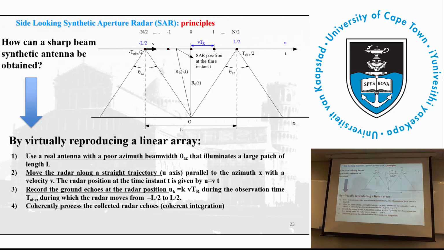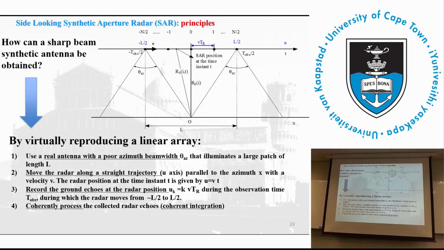This illuminates a large patch of length L, from here to here. The radar moves from here to here in a straight trajectory with a certain velocity, and we record all the echoes that come from these positions.